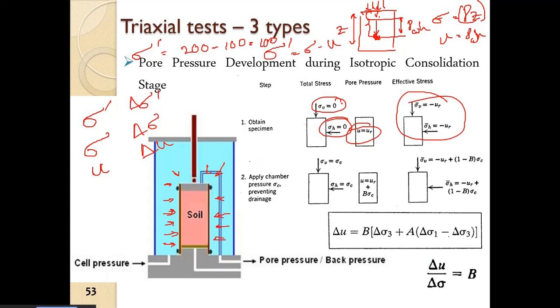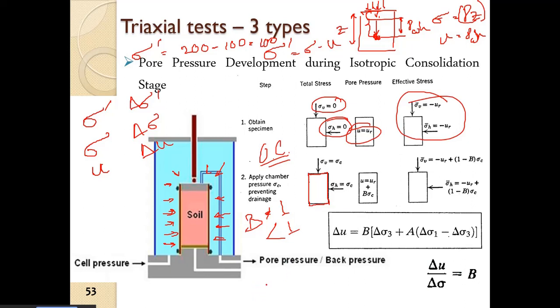At the initial stages, as we increment the cell pressure, the soil will behave as an OC soil, over consolidated soil, so B will not be equal to 1. It will be less than 1.